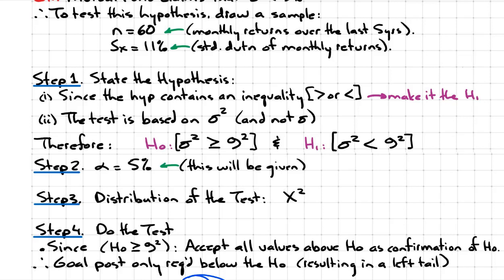And I just wanted to show you where that came from. Remember, ladies and gentlemen, the hypothesis test is centered around the null. So if you accepted the null, you accepted the statement, i.e. the variance is greater than or equal to 9 squared, which translates to standard deviation is greater than or equal to 9.